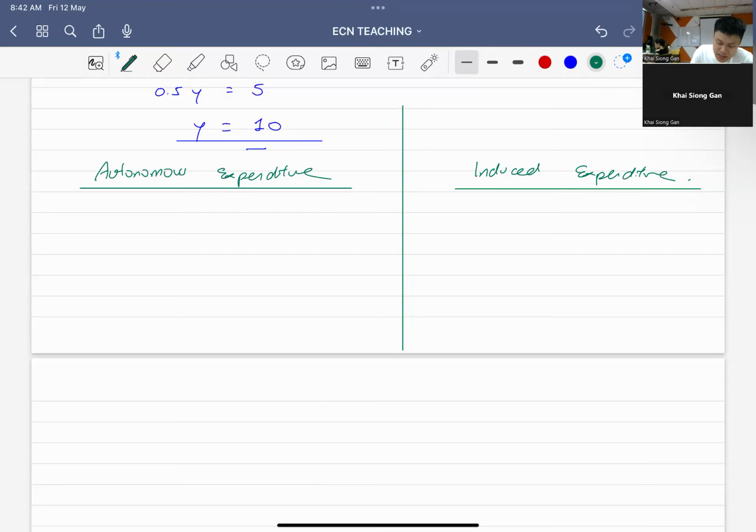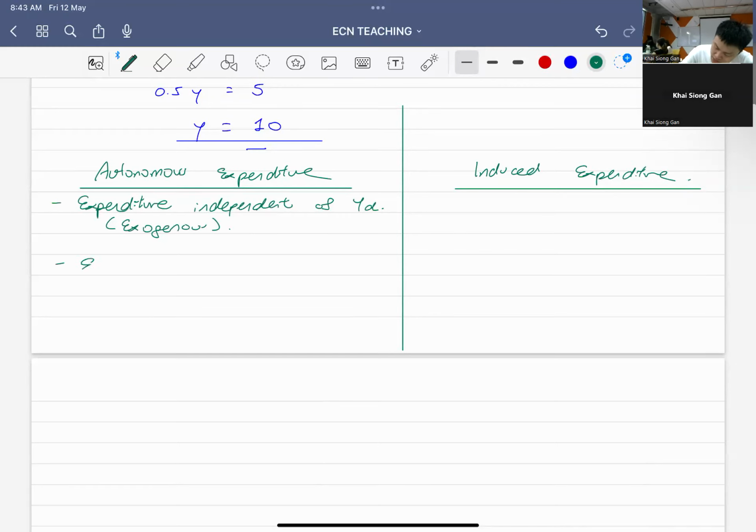Okay, so autonomous expenditure you have just learned. That means this is something that you will spend whether you earn income or not. So I can say it's an expenditure independent of income, or you can call it exogenous.